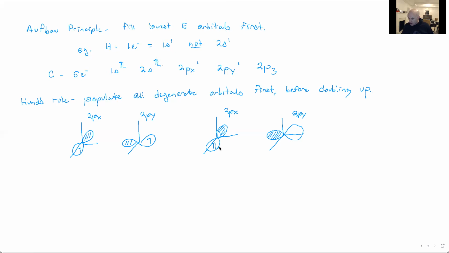And we said that there's a few rules that we need to learn when we're filling atomic orbitals. So there's the Aufbau principle, fill the lowest energy orbitals first. Hund's rule, populate degenerate orbitals first, okay, before doubling up.